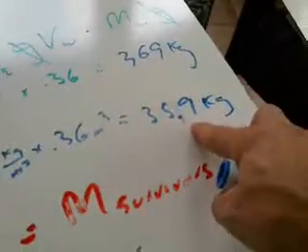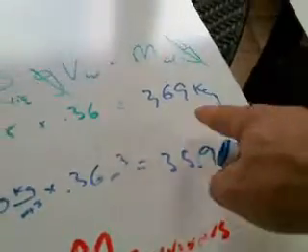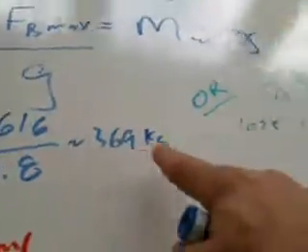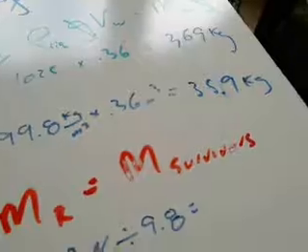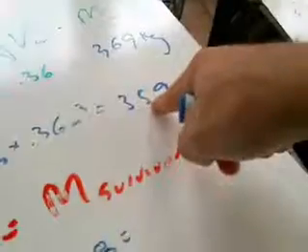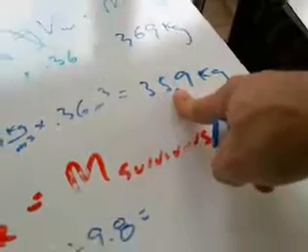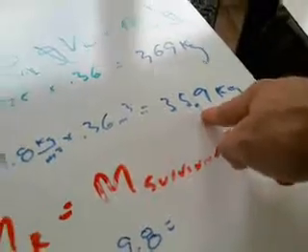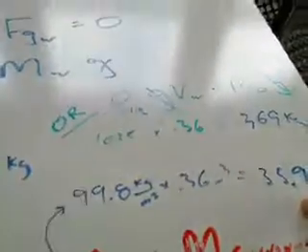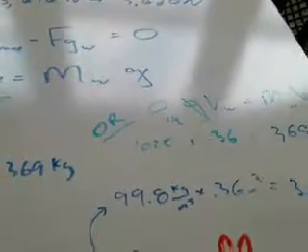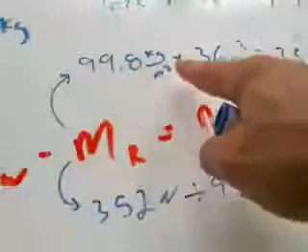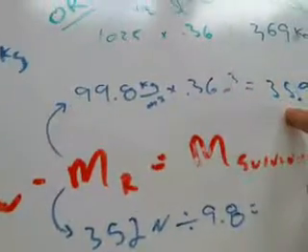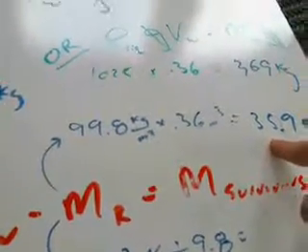So if I take that number, subtract it from the mass of the whole thing, then I'll know the mass that it can support in addition to itself. Okay? So this 35.9, 990 times 0.36, 35.9 kgs.